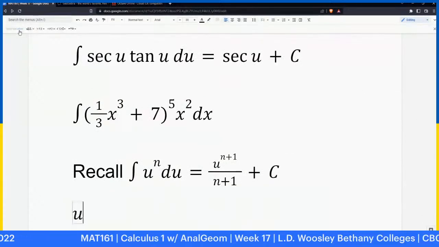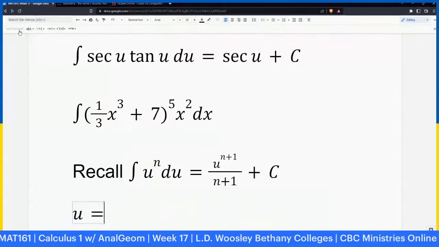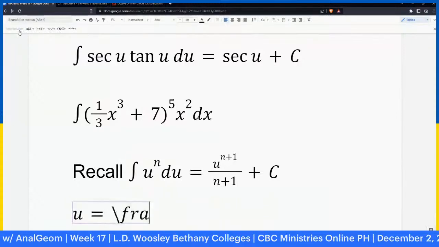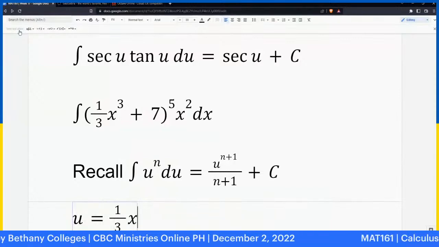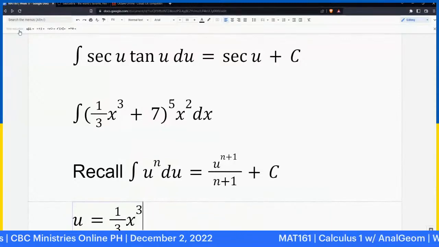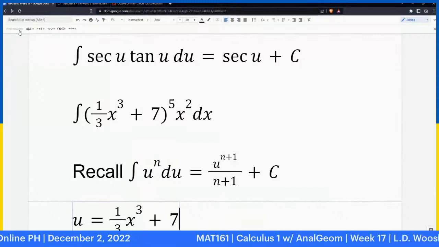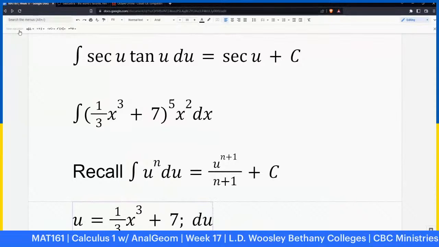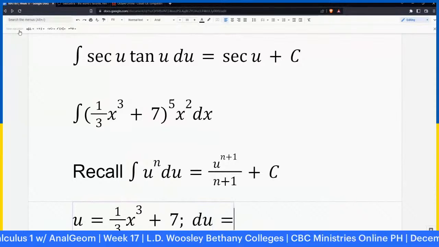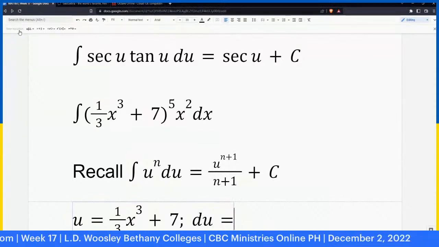Ilagay natin dito. U is equal to 1/3 x cubed plus 7. Therefore, anong du niya? Anong du? Derivative.